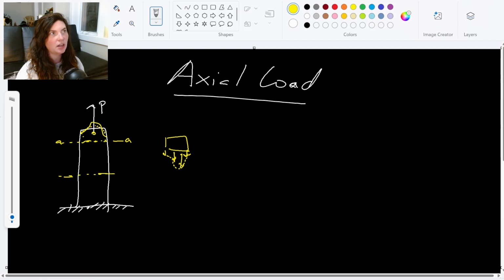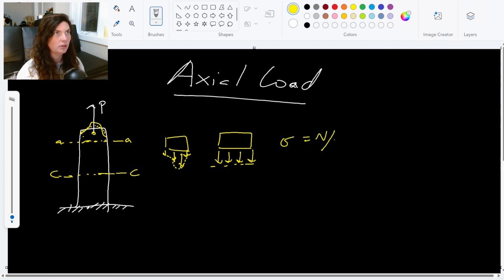If I took an average cross section where I'm a lot farther away from the load, this is where I could see that my stress is actually acting like a stress. My load is more uniform. I get that average stress equation, the normal force over the area, whereas here the normal force is maybe a little smaller on the sides and a little larger in the center, and it dips down a little bit.